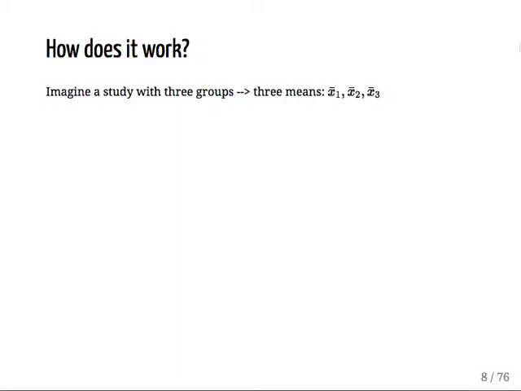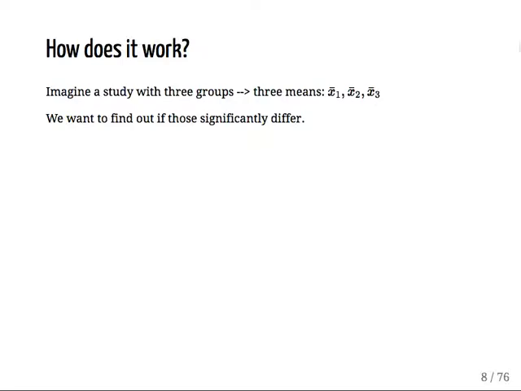So how does it work? Imagine you have a study with 3 groups. Don't be scared, occasionally there will be some mathematical notation, but you don't need any maths to really get this. You have 3 means, denoted x1, x2, x3, and I've used this line above to say it's the average.